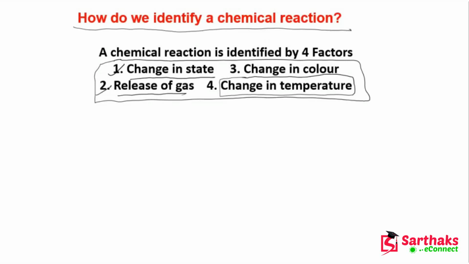First of all, let's talk about change in state of a substance. Let me write here: change in state of a substance. You might have seen a candle. We all see a candle. Whenever a candle burns, what happens?